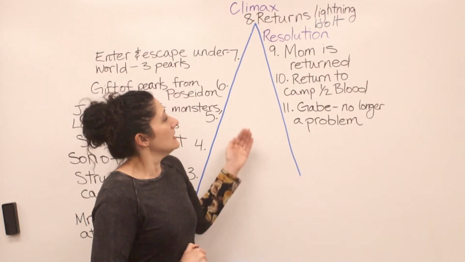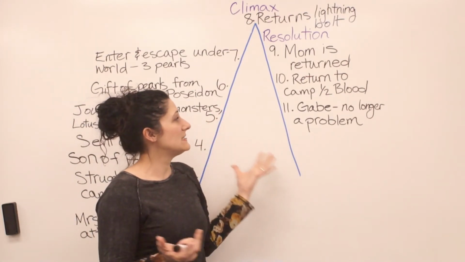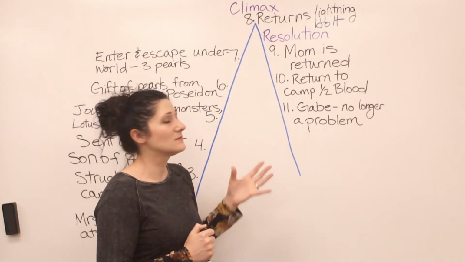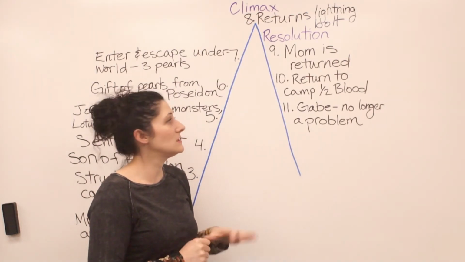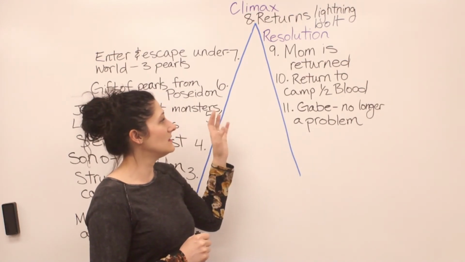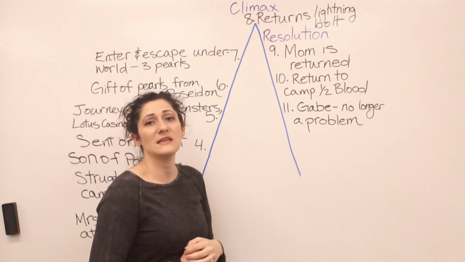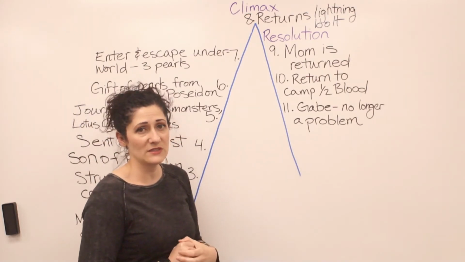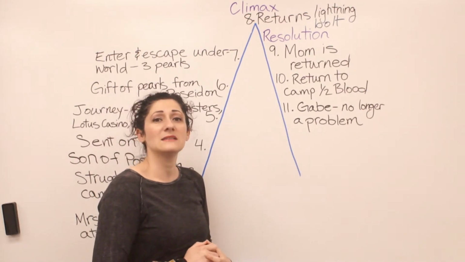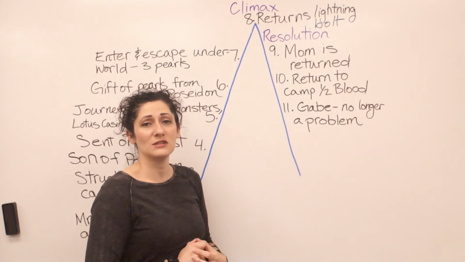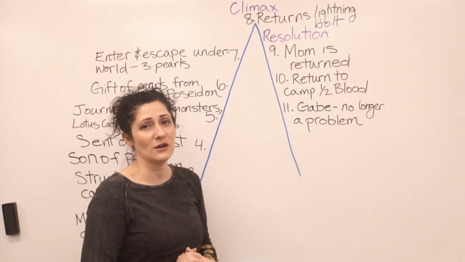So Luke reveals his deception and tries to severely hurt Percy with a scorpion, but Percy survives, he heals, and then he learns through a letter from his mom that his stepdad, Gabe, who's very abusive, is no longer a problem for them. He's going to leave them alone, and it implies that his mom has turned Gabe to stone with the head of Medusa that Percy left behind for her.